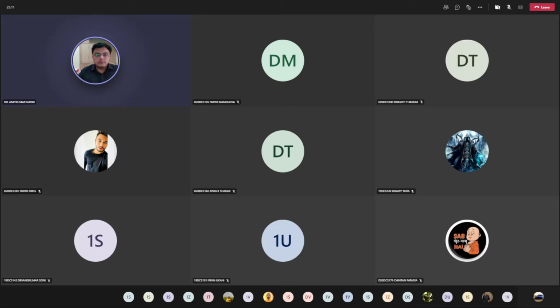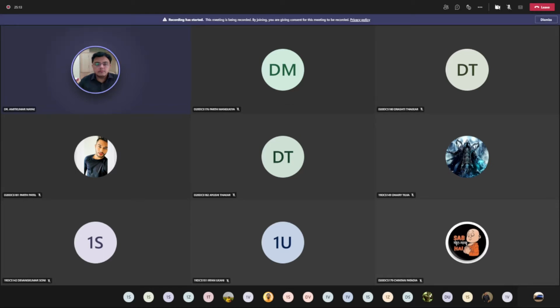So first of all, let me share the screen of Cisco Packet Tracer and let me create the topology, and then after we will discuss what is network address translation. So now I hope this screen is visible to all of you.